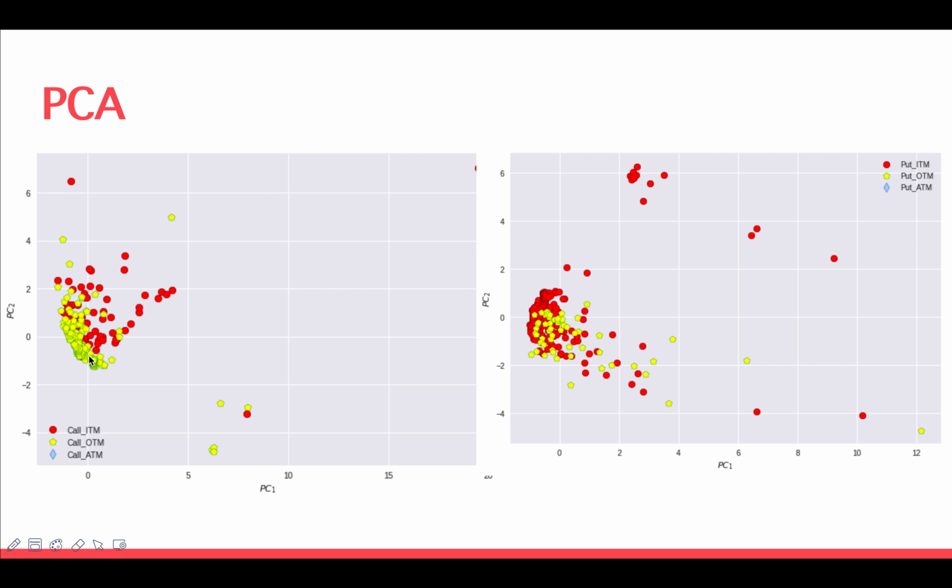The call OTM is below and the red one is above. For the put option, the red one is the put ITM and the yellow is the put OTM. Same as before, the ITM is above and the OTM is below, but they are also mixed together.